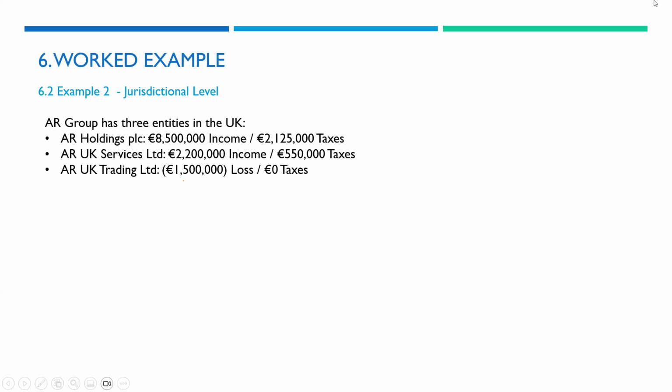I am really appalled that you're taking so much time to do this. Okay. So jurisdictional ETR is 29.08, wrong. Anybody else? Yes, Melvin.